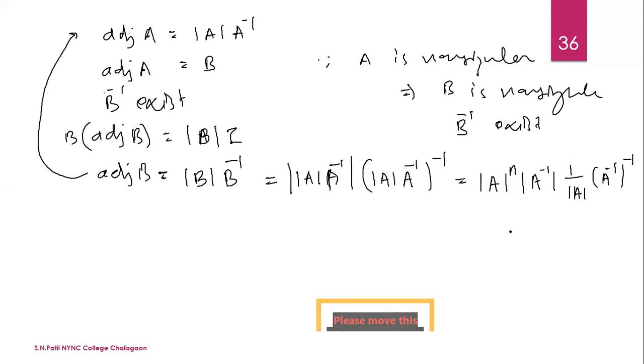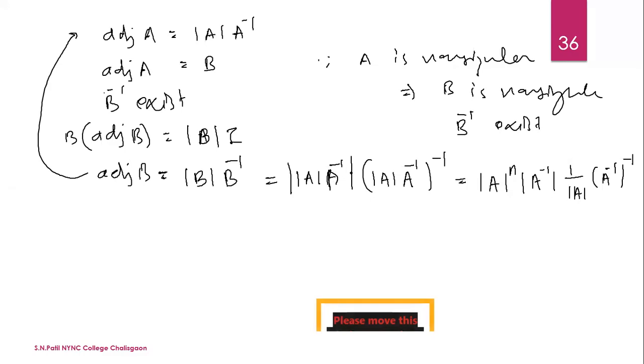How do we get determinant raised to n? See here, we take the determinant of the matrix determinant A into A raised to minus 1.